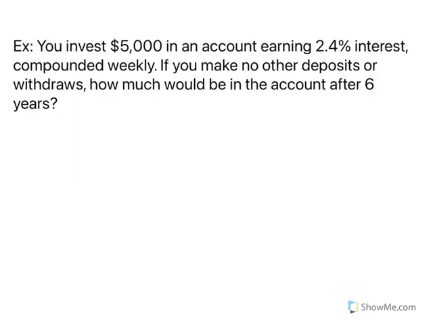Now, let's do another one. This one was monthly. Let's do one about weekly. So you invest $5,000 in an account earning 2.4% interest compounded weekly. If you make no other deposits or withdrawals, how much would be in the account after 6 years? Again, I recommend writing down what you know. P is 5,000. r is 0.024. We're compounded weekly.